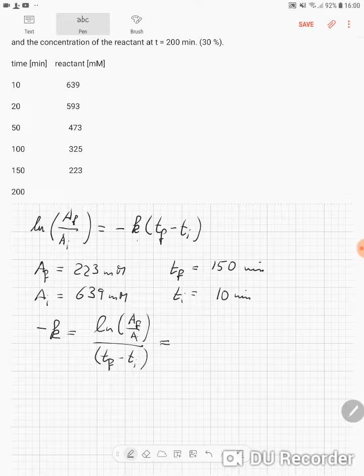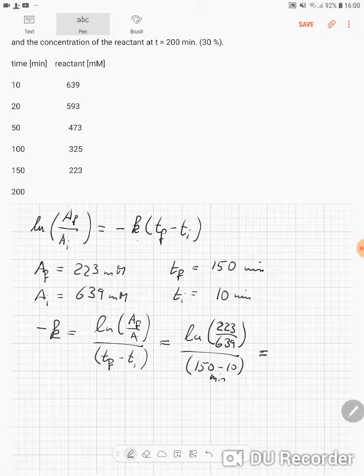If we put the data in, we have ln of 223 divided by 639, divided by 150 minus 10, and here we need to include the minutes.